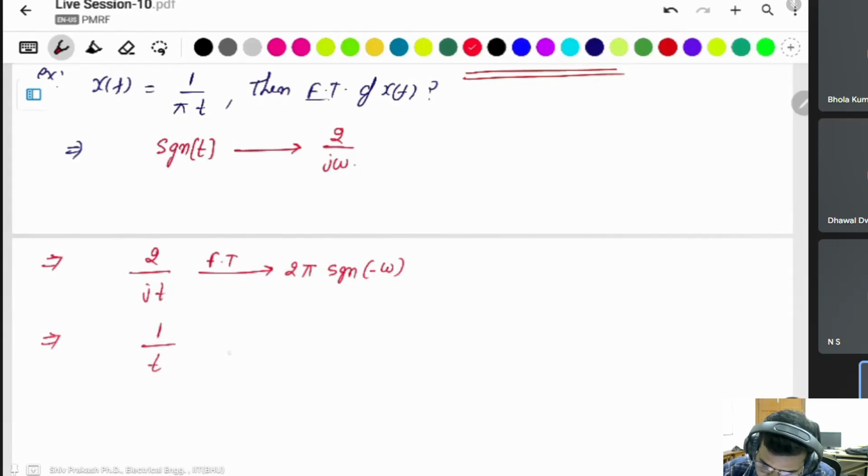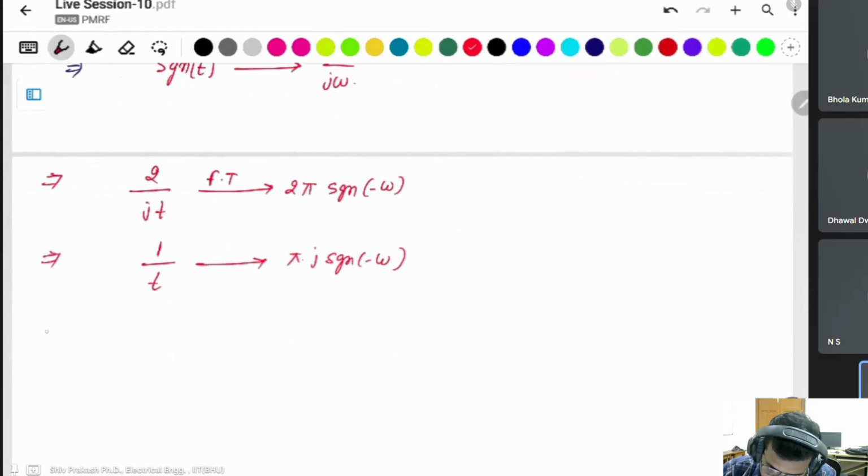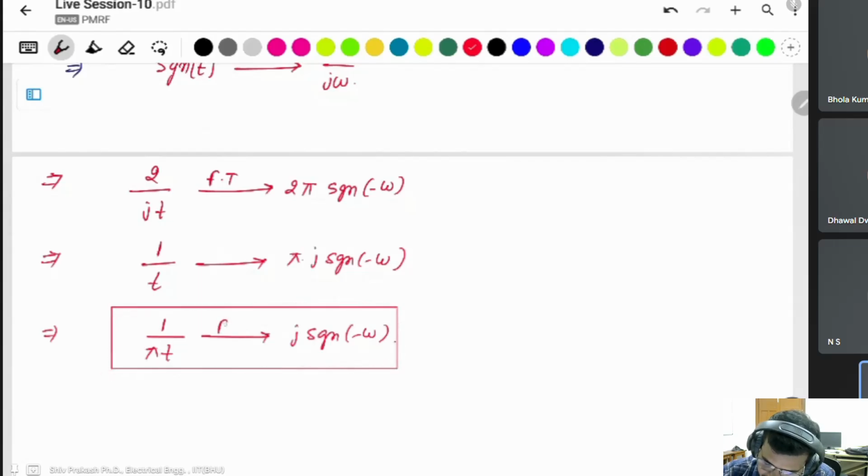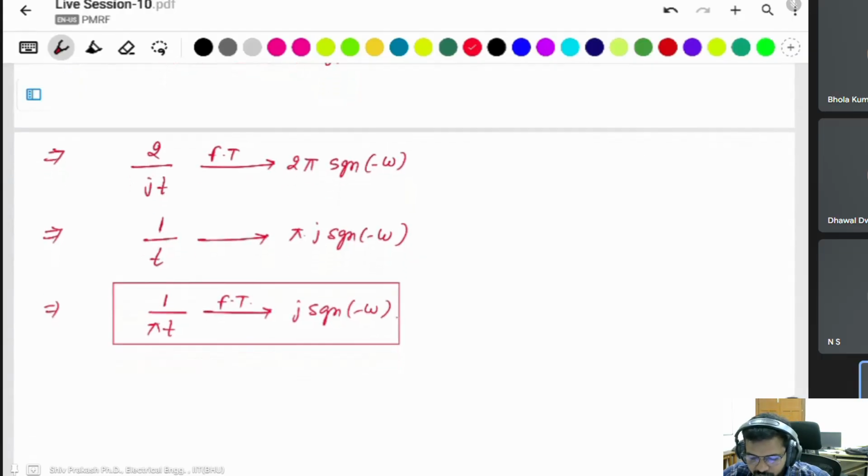Then 1/t, j goes here, π into j signum(-ω), divided by πt. If you divide here, then divide here also by π, then π will be cancelled out. This will be j signum(-ω) by the duality property. You can solve this question easily by the property.